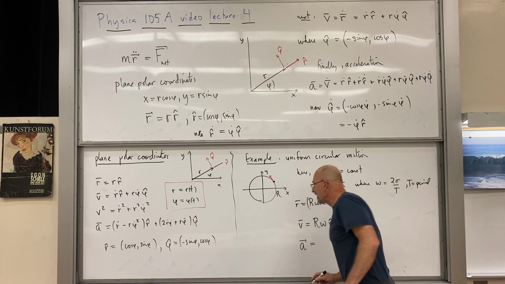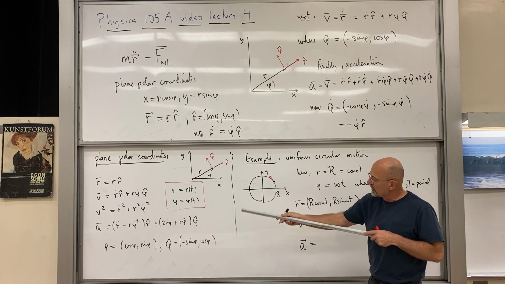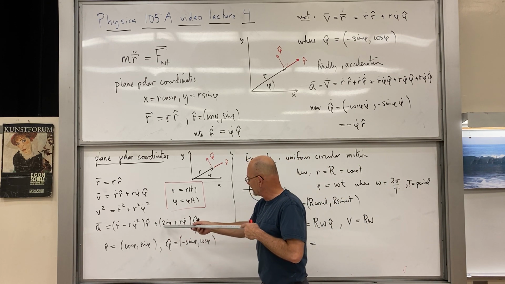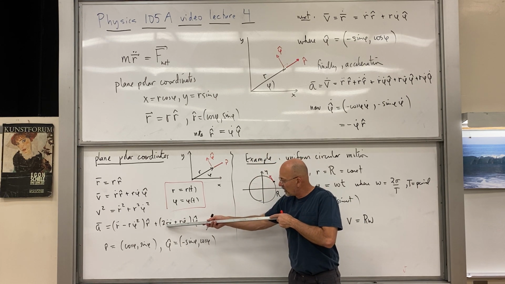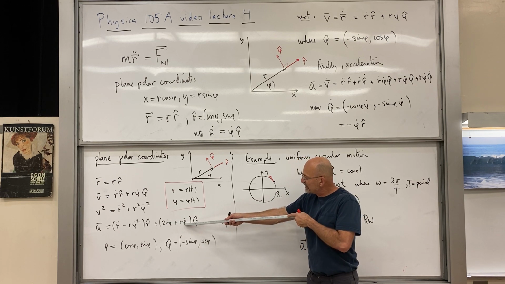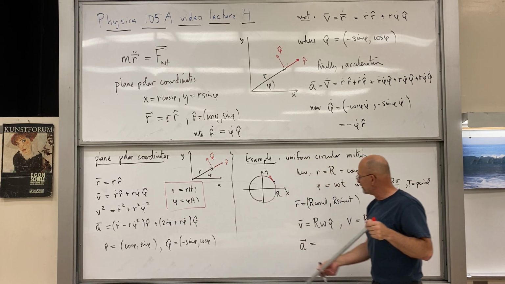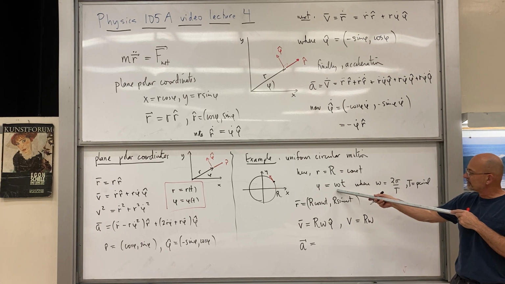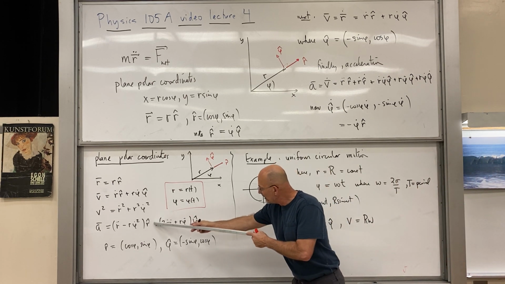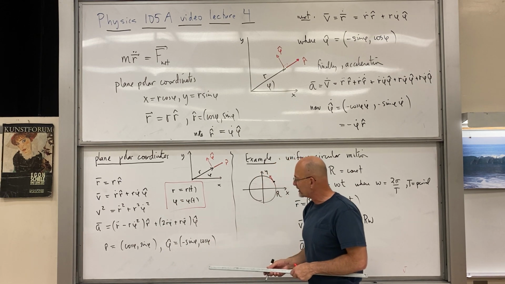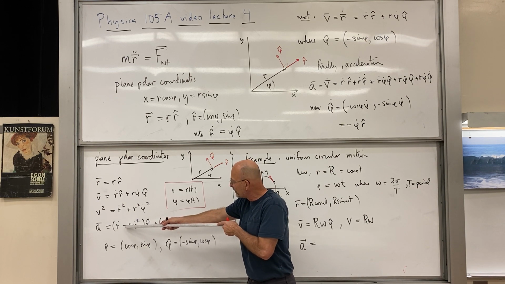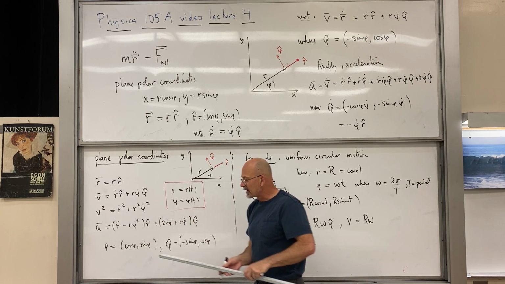For the acceleration, going around in that circle there, we go ahead and study this, and we look at this part here first. r dot is 0. Phi double dot, the second time derivative of phi, is 0 because the first time derivative is omega, a constant, so the second is 0. So we have no phi hat component for the acceleration. Our r double dot is 0 as well, so we end up with minus r phi dot squared.